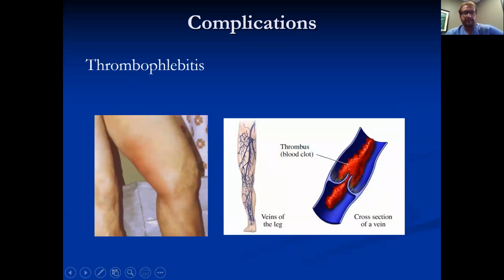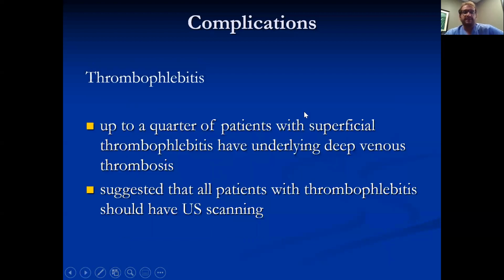Here's just a little cartoon showing the clot depicted in a vein. So the importance of this is that associated with superficial thrombophlebitis, you can have deep vein thrombosis, which is why everybody gets deep vein ultrasounds. The corollary of that is that once the deep vein ultrasound is done and shows that's negative, the superficial vein part of it needs to be addressed as well.